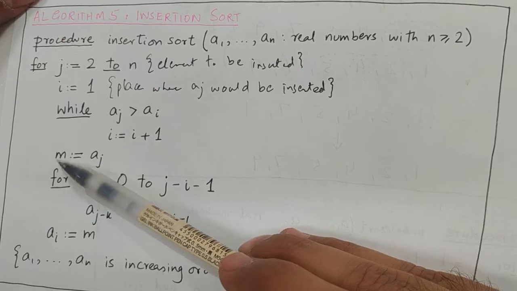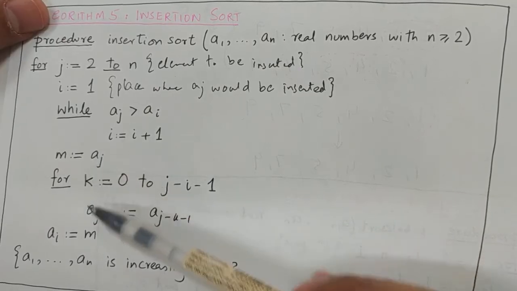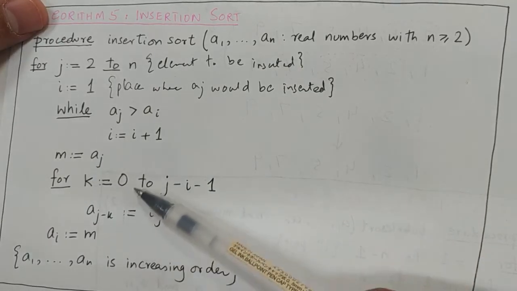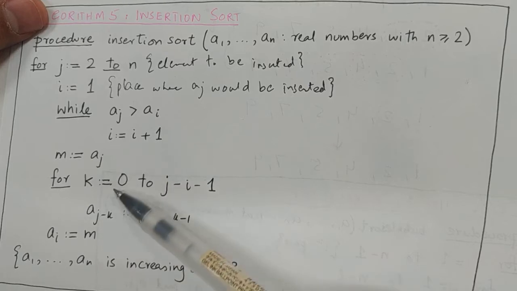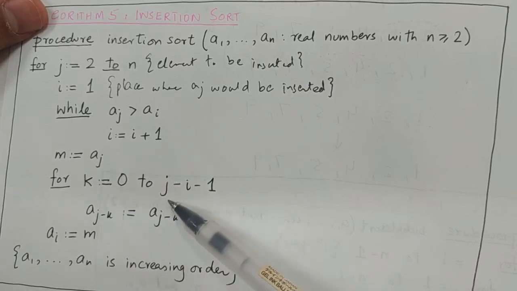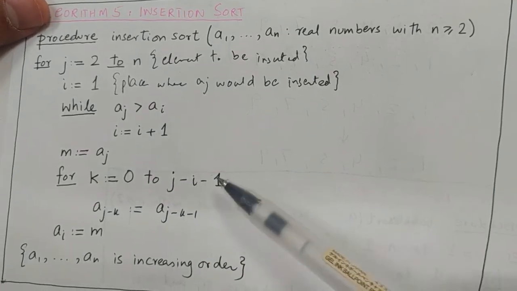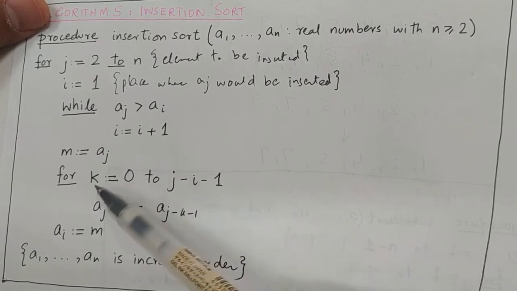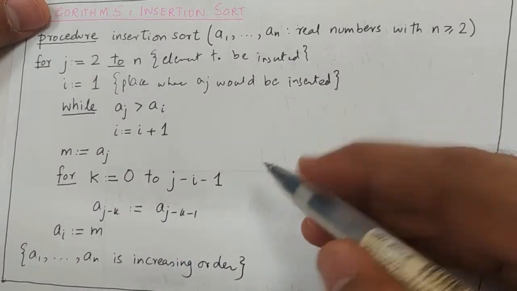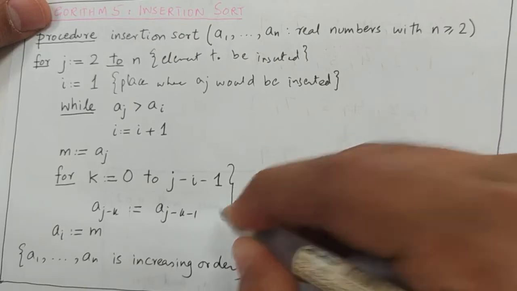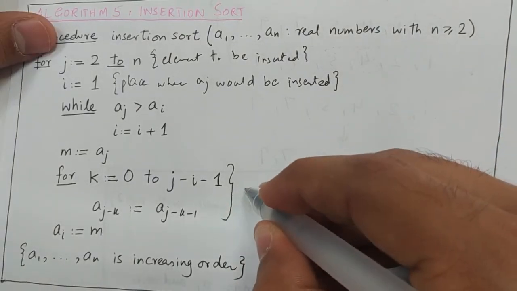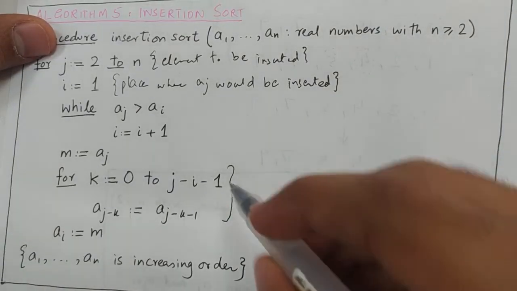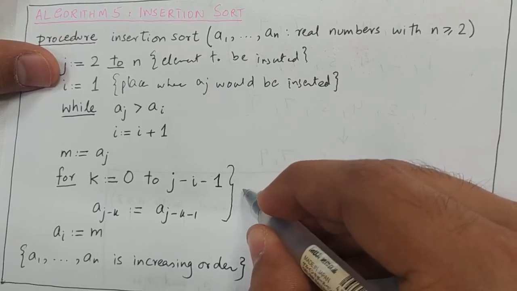Basically, m is a temporary storage for my jth element. I use another for loop, where k goes from 0 to j minus i minus 1. It won't be immediately clear what this is doing, but the idea is that this loop basically writes down the list up until the ith element.